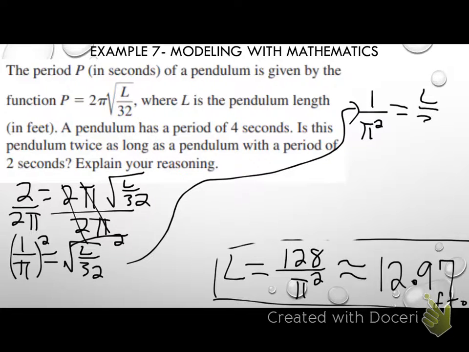equals L over 32. And now, how would I get L by itself? Multiply by 32 on both sides.